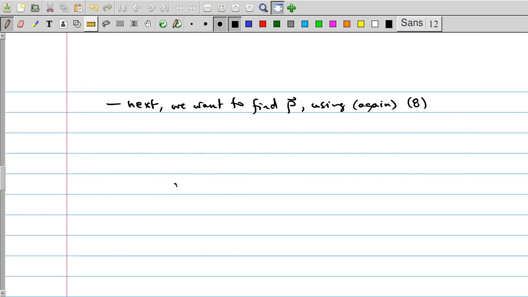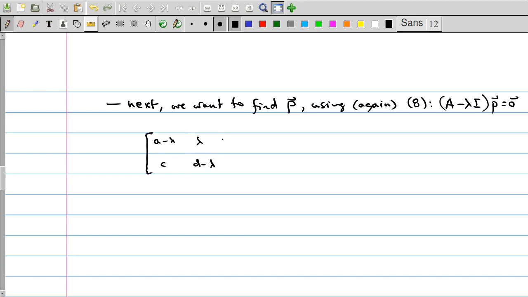So that's what we want to do. So 8, which is A minus lambda I times p equal to 0. Let's write the whole thing out in extreme detail. It's going to be a minus lambda, b, c, and d minus lambda.